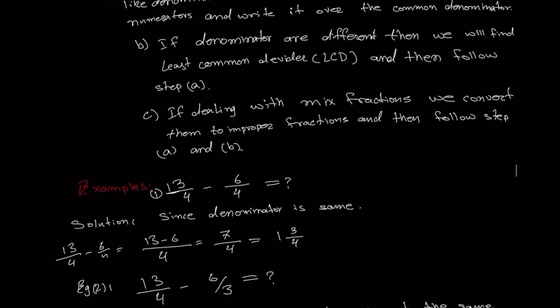So since the denominator is the same, we write down the same denominator, and the minuend fraction minus the subtrahend. So 13 minus 6 will be 7 over 4, or we can write it down. This is an improper fraction, and it will be a mixed fraction here.